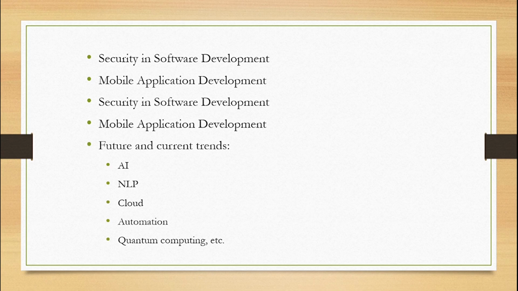Then we have NLP. When we say natural language processing, we should always take into account that there are a lot of different languages that exist on earth. So it is not feasible for us to develop something for all those languages. Currently, most of the NLP work that is coming up and that has been developed is around the English language, and English is one of the most broadly spoken languages across the globe.